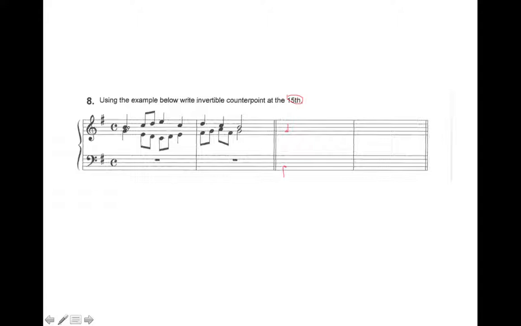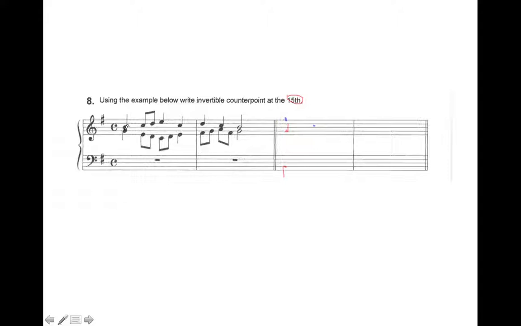Another way would be to move both of these an octave, okay? But you have to be careful here because notice this one goes down and this one goes up. So you don't want them to cross. So if you move this up to the G up here, and then it would go down, your lowest note would be the C there. So we got to make sure this is going to work.